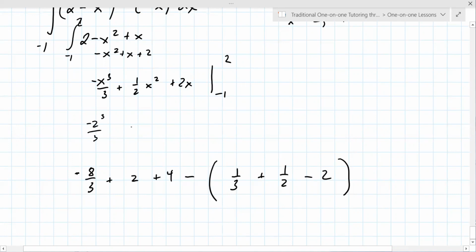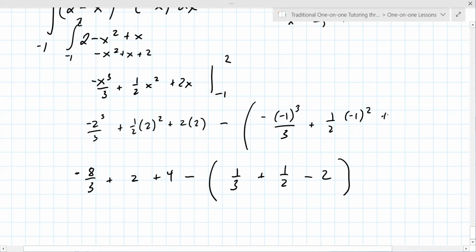Oh wait, 1/2. I'll write it out here. Why did I get that? Isn't it 2x squared over 2? Oh, I forgot the over 2. That's why. So then that's 2. 6 minus 8/3. Okay.